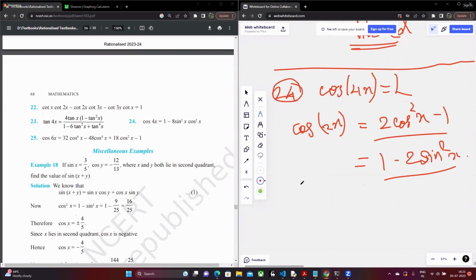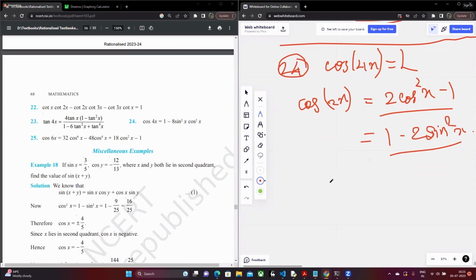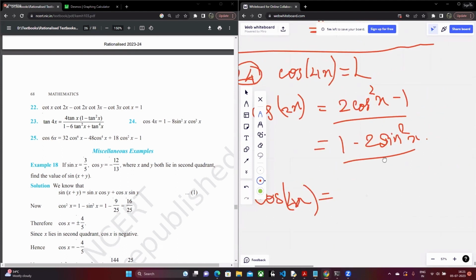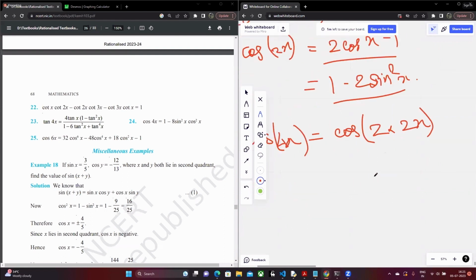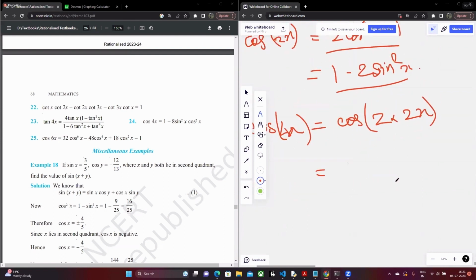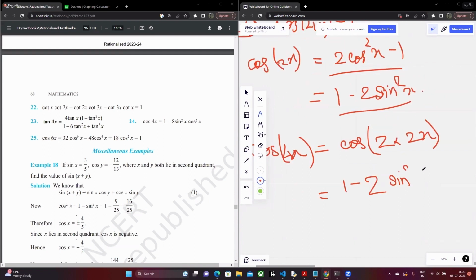Now I can write down cos of 4x as cos of 2 into 2x. That is going to be 1 minus 2 into sine squared of 2x, using this formula.